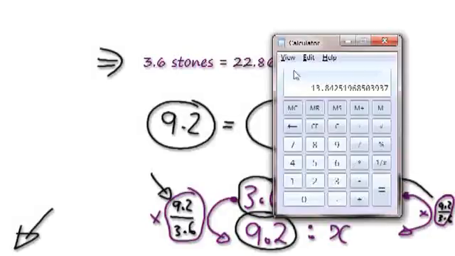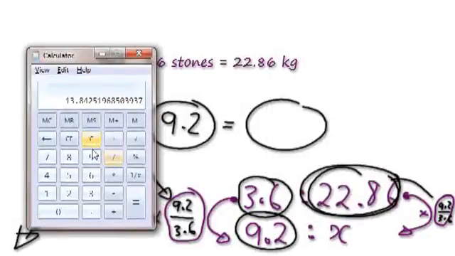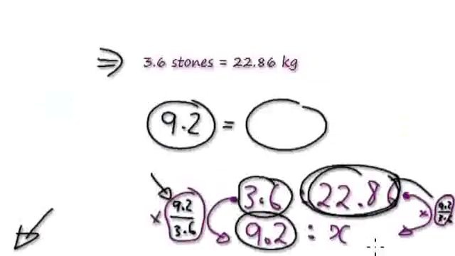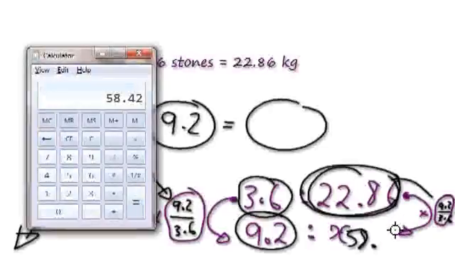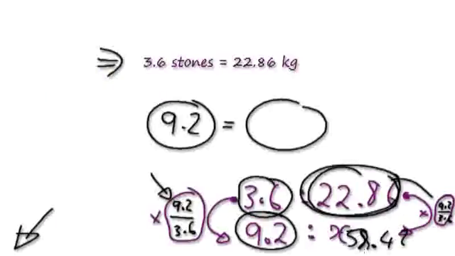Let me do this here. I'm going to get 22.86 times the numerator, 9.2, equals that, and then divided by 3.6 equals this, 58.42.